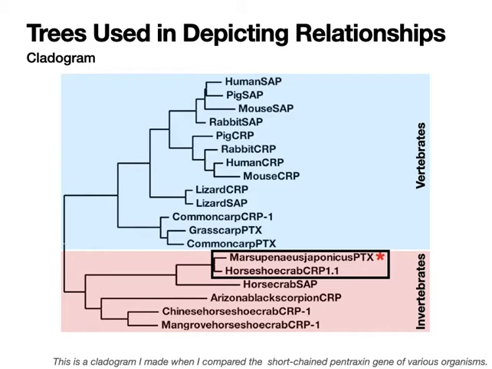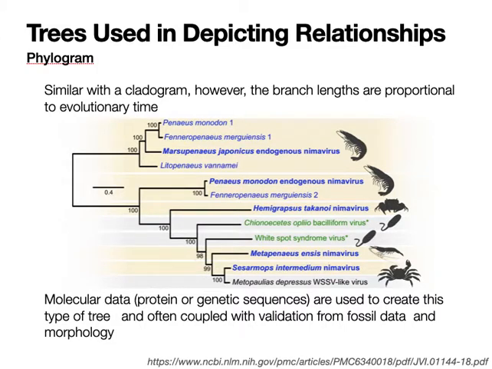However, yung kulang sa cladogram is wala siyang time component. Okay? And this is where a phylogram comes in place. So, similar siya with cladogram pero yung branch lengths niya are proportional to evolutionary time. So again, I'm using molecular data kasi ito yung usually ginagamit ko. So this is also an example of molecular data.